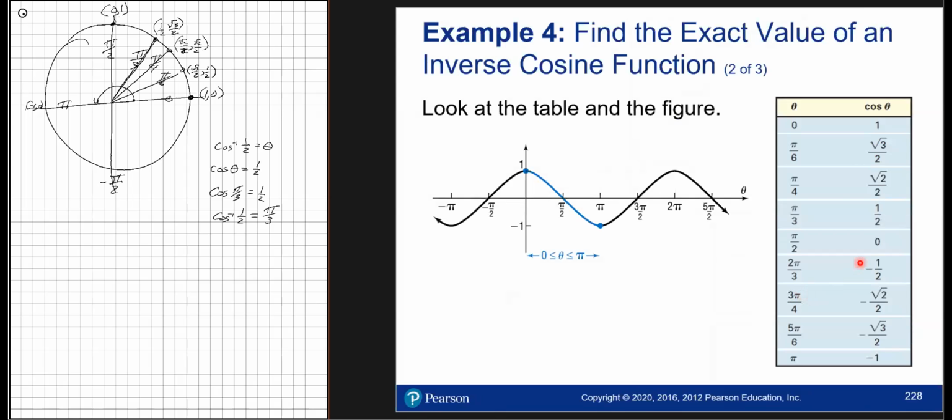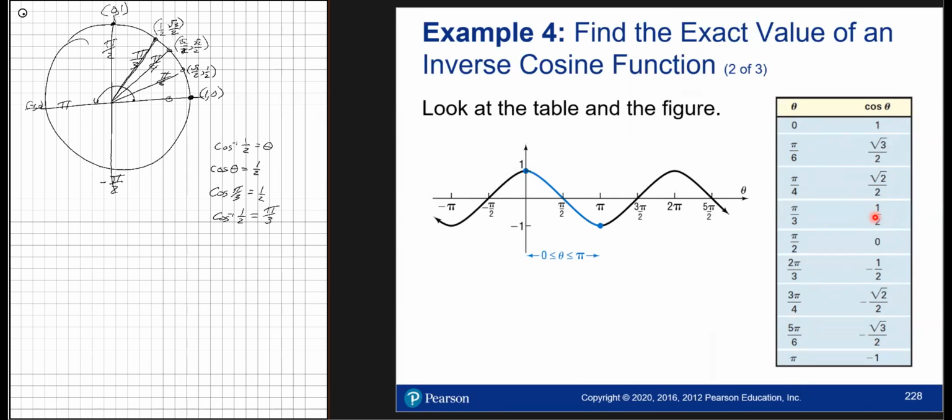And again, they wrote a chart from 0 to pi, all the designated angles that we use. And these are the x values for those angles, the y for the points on those angles.